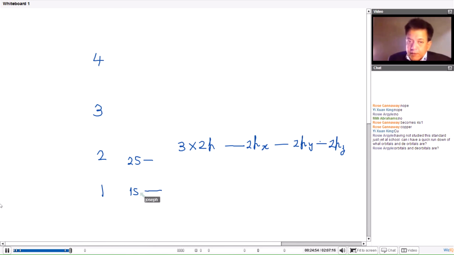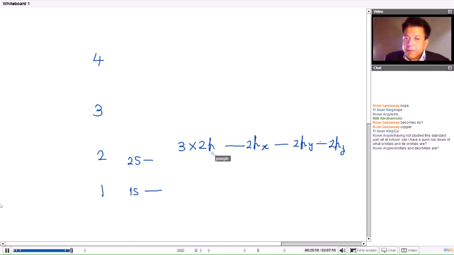So understand what's happening so far. The first quantum level has only one type of orbital, that's an s. The second quantum level has an s orbital of the second quantum level. That's why we call it 2s. So s's always come in lots of 1. And the other type of orbital is the p orbital.